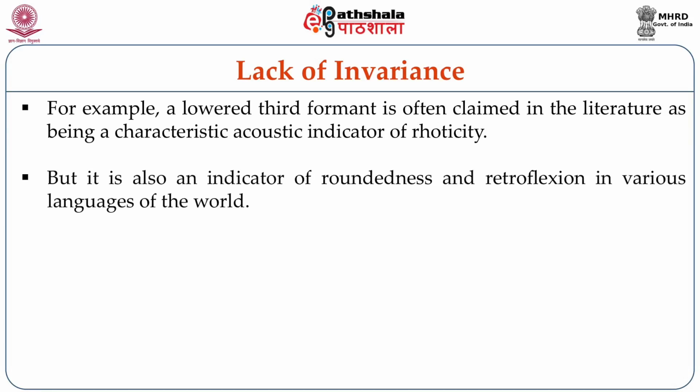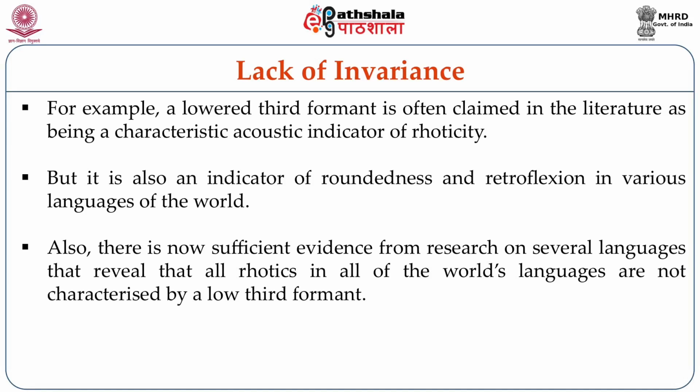But it is also an indicator of roundedness and retroflexion in various languages of the world. Also, there is now sufficient evidence in the literature on several languages that reveal that all rhotics in all of the world's languages are not characterized by a low third formant.